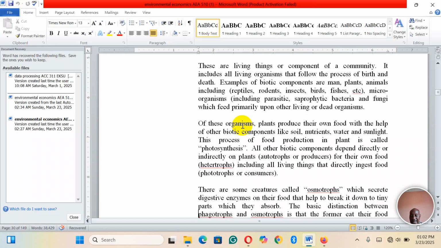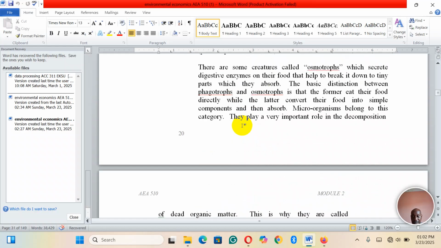The process of food production in plants is called photosynthesis. All other biotic components depend directly or indirectly on plants, which are the autotrophs or producers, for their food, and heterotrophs include all the living things that directly ingest food.